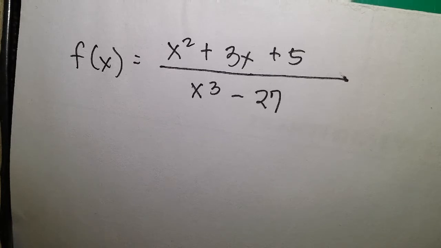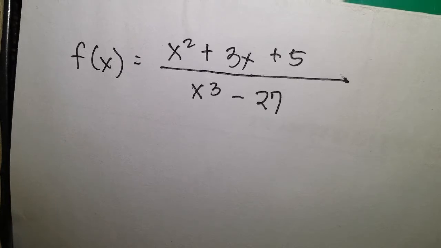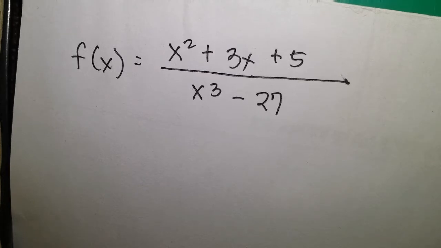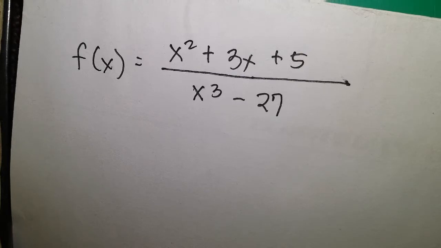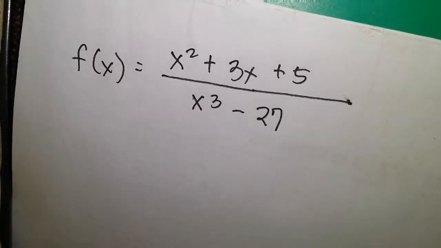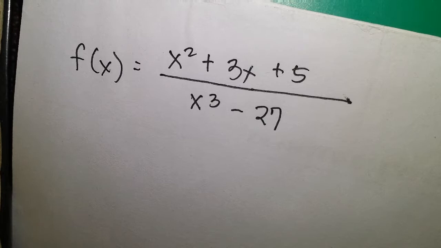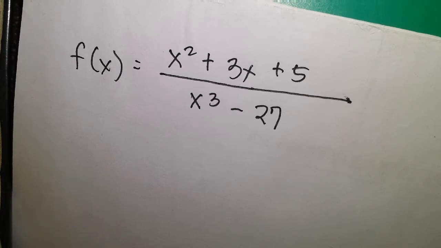It is simply stated in the first rule. And if the equation follows the first rule, this means that the horizontal asymptote of this equation is y equals 0.